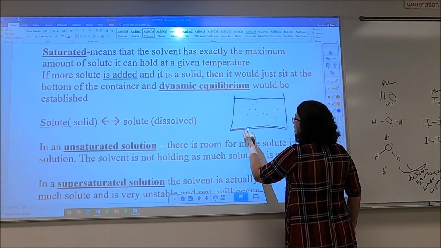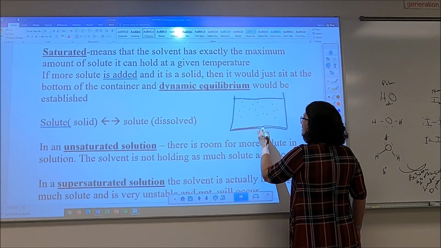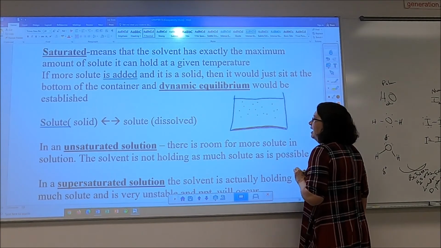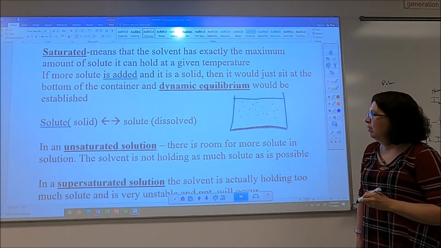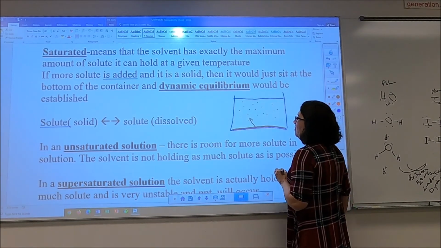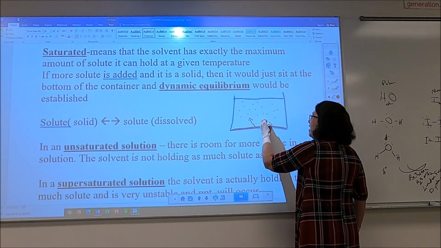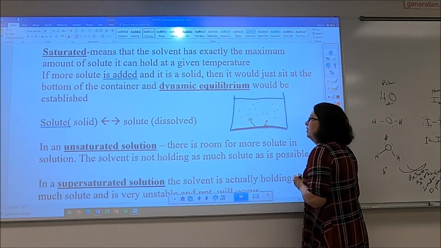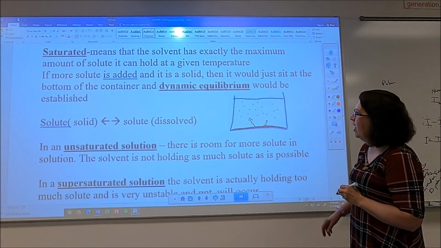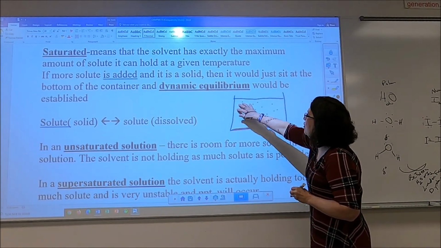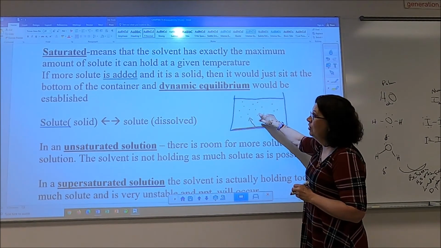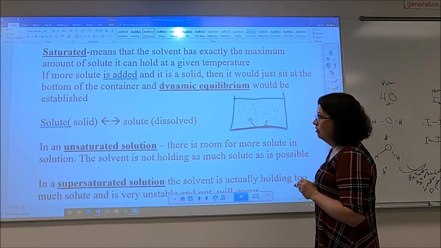When I dumped in some extra solute, it just ends up sitting as solid on the bottom. For every particle that jumps from that solid and tries to dissolve, one from the liquid comes down, hits that, and gets stuck. So the concentration, or the number of particles up here in the solution phase, doesn't change.